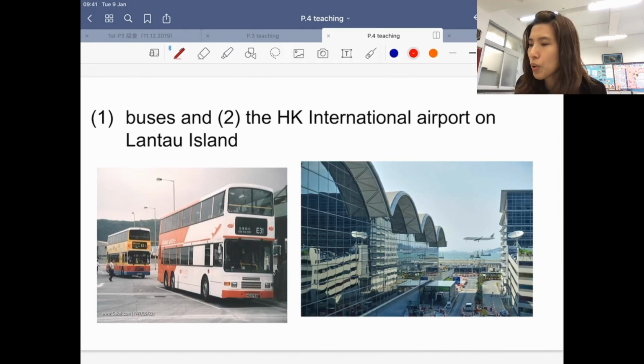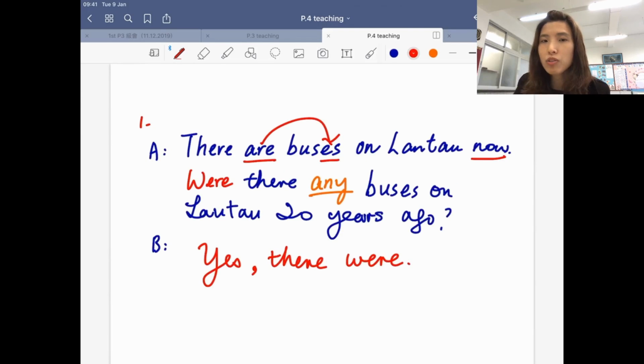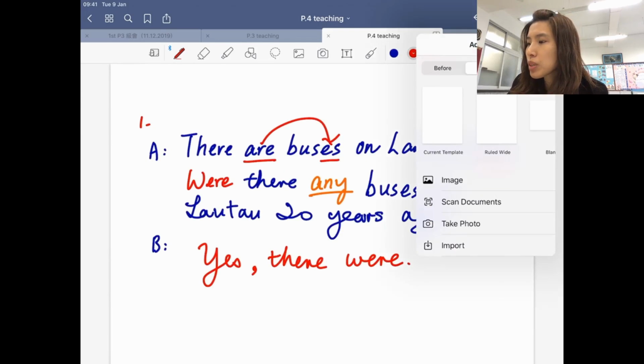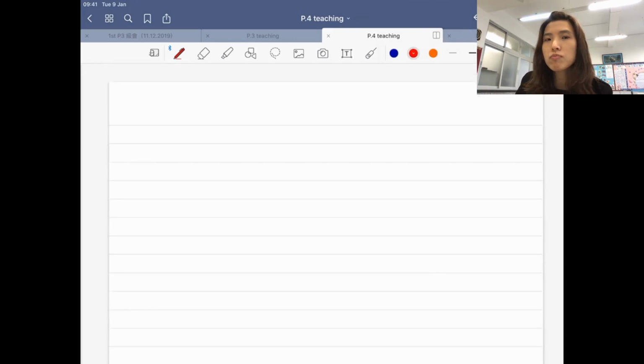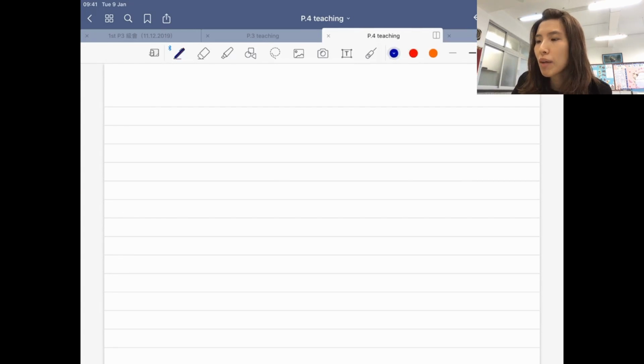And the other one, question 2, is about Hong Kong International Airport. How many airports do we have? We only have 1. So, of course, we are not going to use are this time. What do we have to use? We have to use is, because there is only 1. So first of all, we use present tense because we have 1.